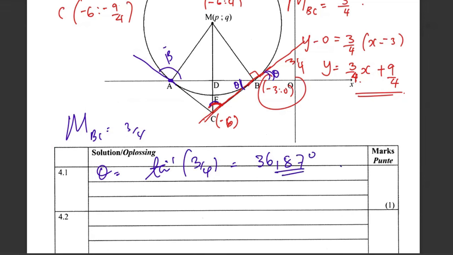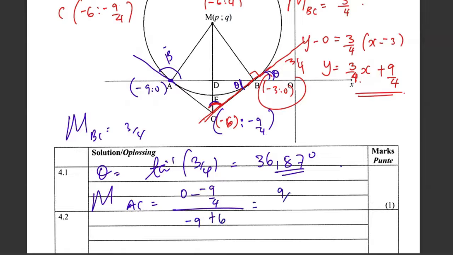Okay, we remember the coordinates of A are negative 9 and 0, and then we have negative 6 and negative 9 over 4. So let me get the gradient of AC. I'll say 0 minus negative 9 over 4, divided by negative 9 minus negative 6, which will be a plus 6. So 9 over 4 over negative 3.